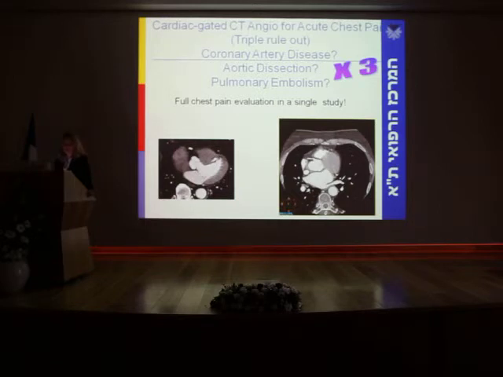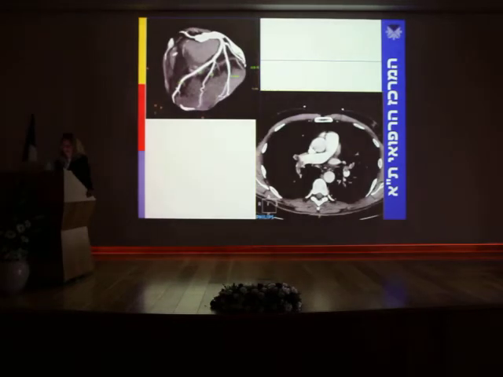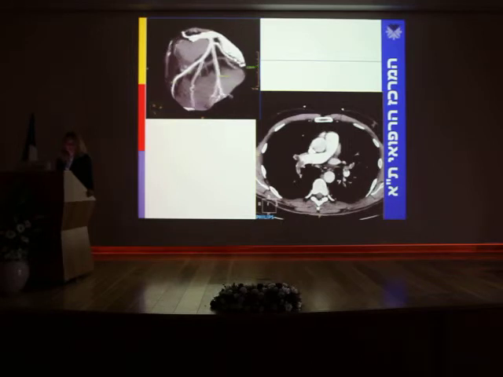This is all done in one scan, giving more contrast in order to opacify also the right cardiac system and the pulmonary arteries. And sometimes the symptomatology is not so clear, and the clinicians hesitate between pulmonary embolism and acute coronary syndrome. This patient had multiple risk factors, and it was just after a long flight, and we did this triple rule-out study.